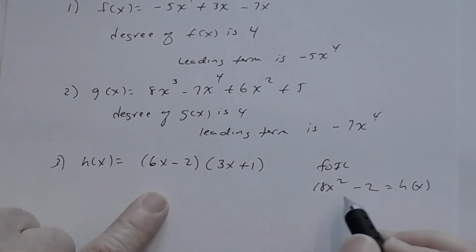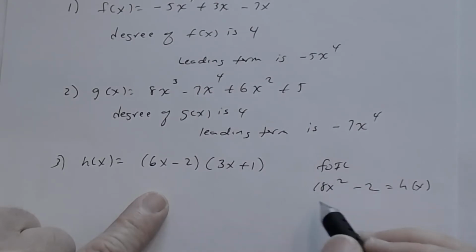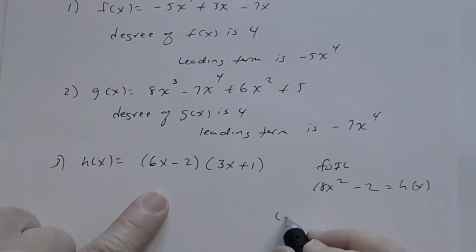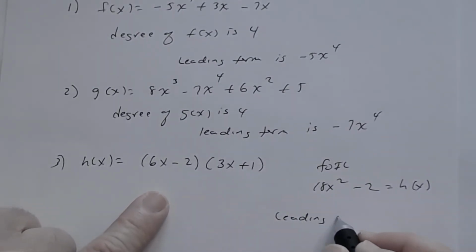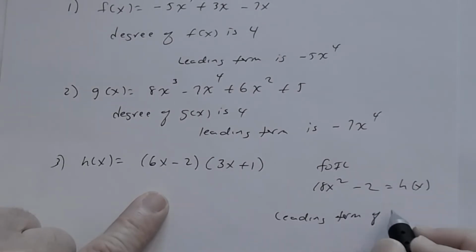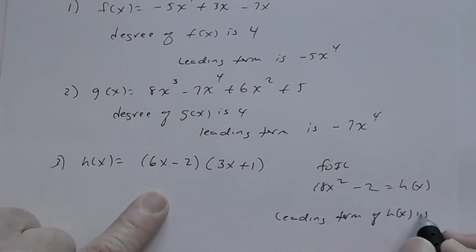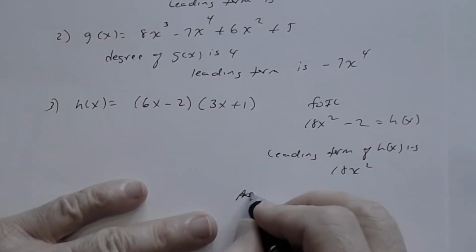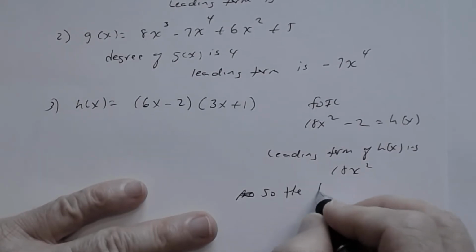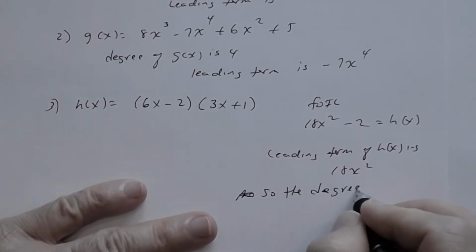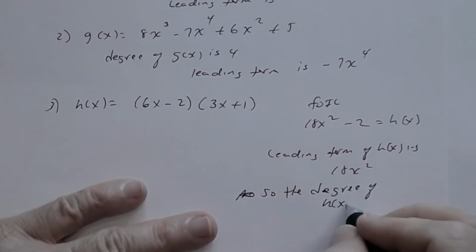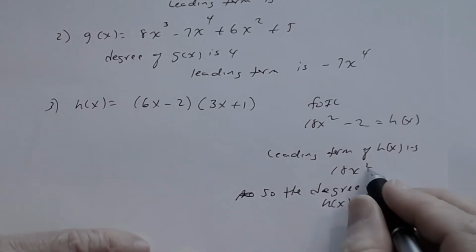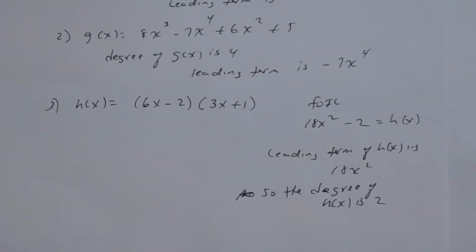So if you look at this, the leading term of h of x is 18x squared. And so the degree of h of x is 2. All right, degree of h of x is 2.